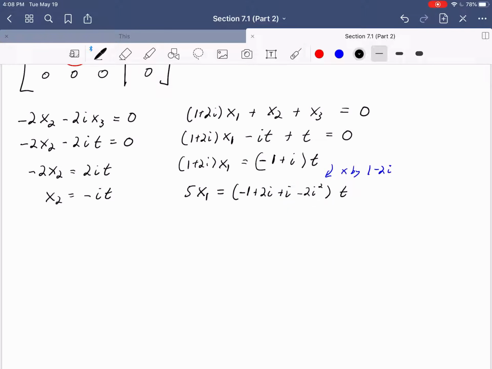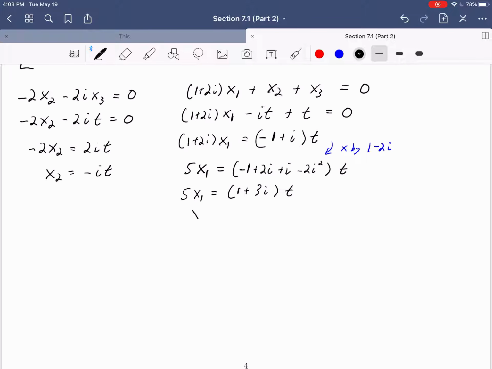And then we can see that that's going to be 5x1. This minus 2i squared is going to become positive 2. So it looks like we get 1 plus 3i times t. Then, of course, just divide by 5, and we get that x1 is supposed to be 1/5 plus 3/5 i times t.